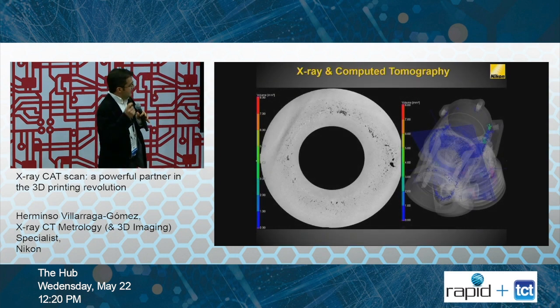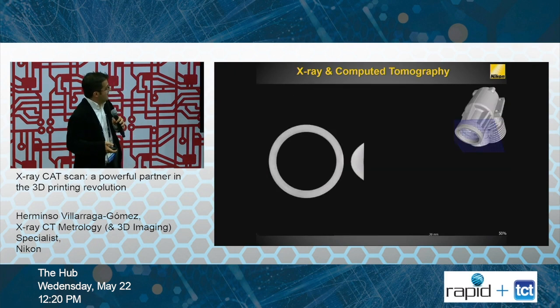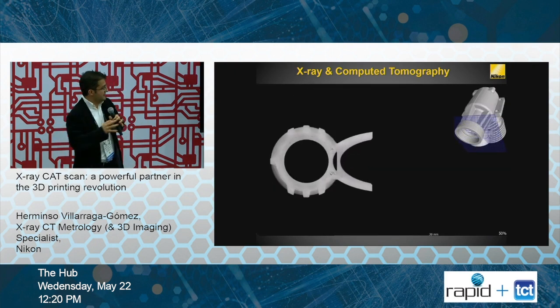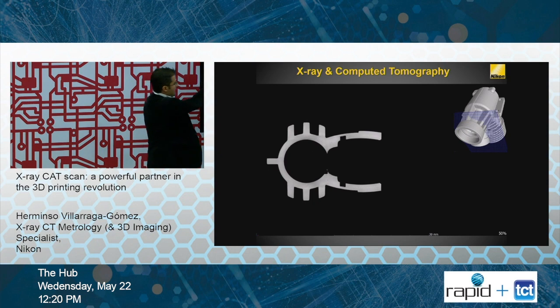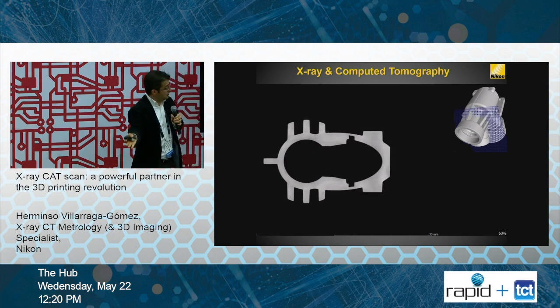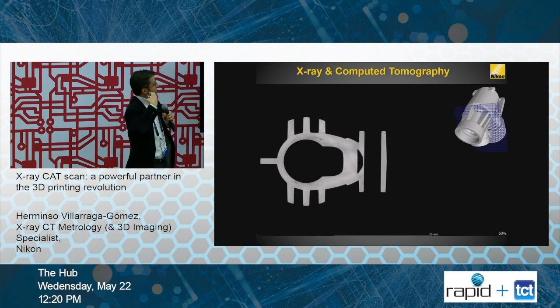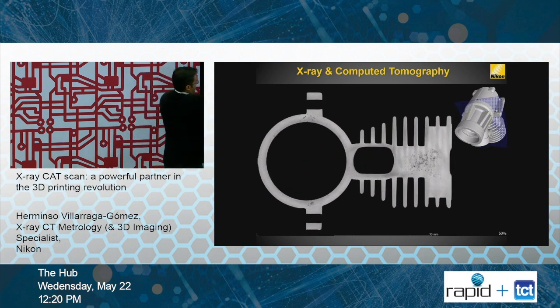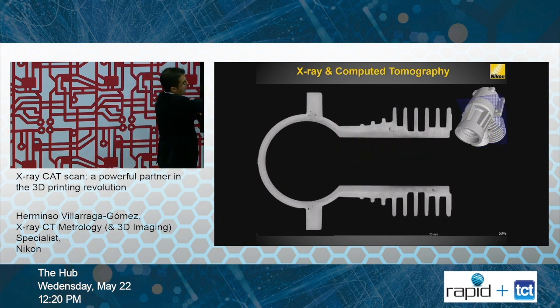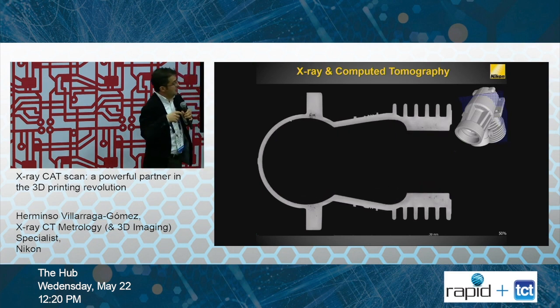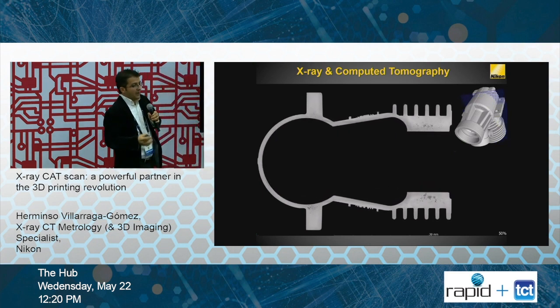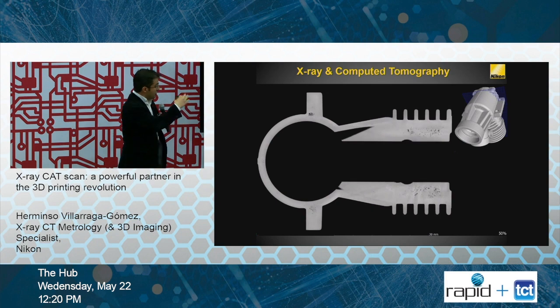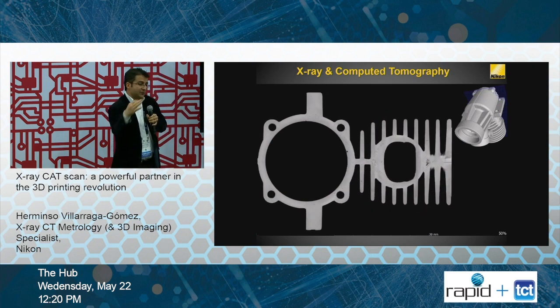And this is another example that now is going to check for porosity. So you see, this is a casting, but it applies also for additive manufacturing. You can go inside, see all the cross sections, check for the porosity of the parts, or if you have any cracks, you could check for that as well. And it's not only visual, but it's quantitative.